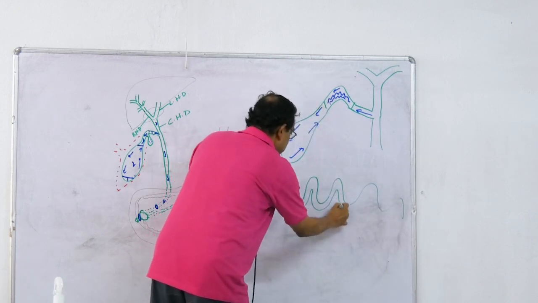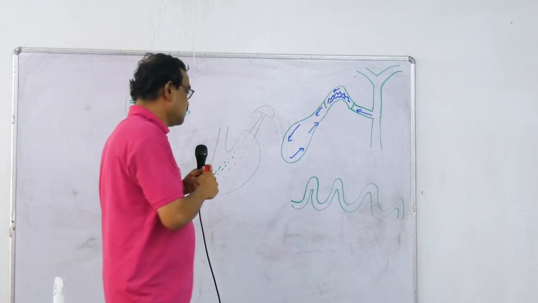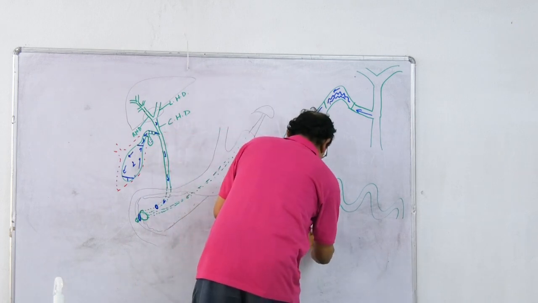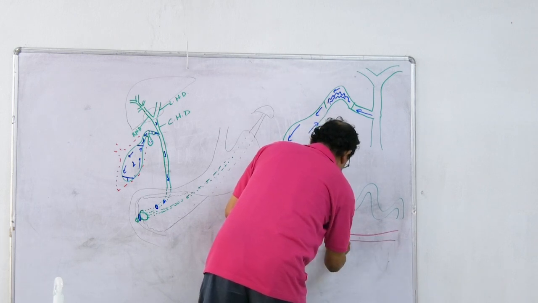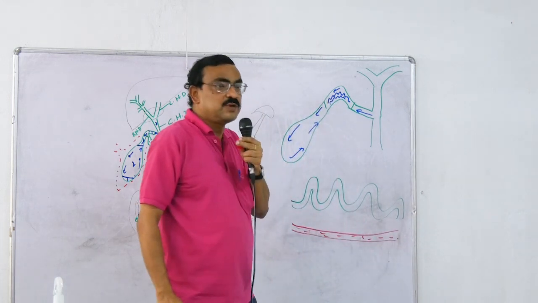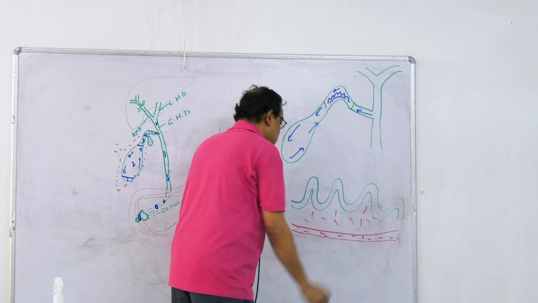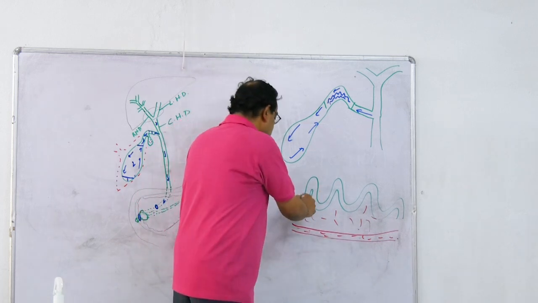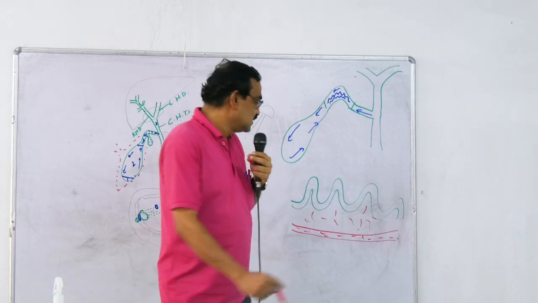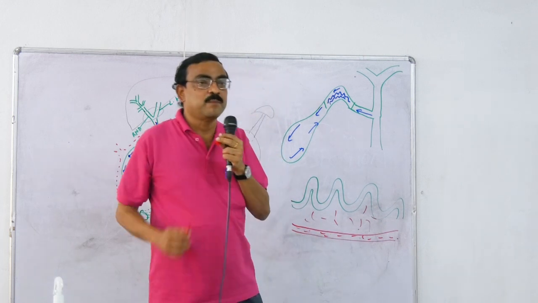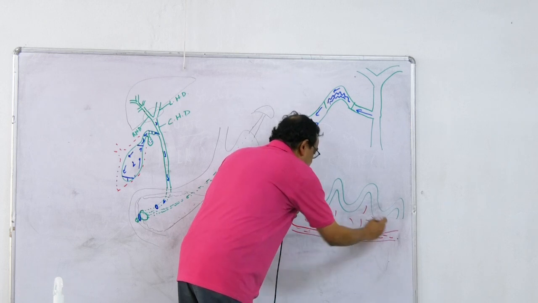This is the mucous membrane. Then generally what we find? Lamina, this mucus lining. Then this is the lamina propria, and this one is muscularis mucosae.